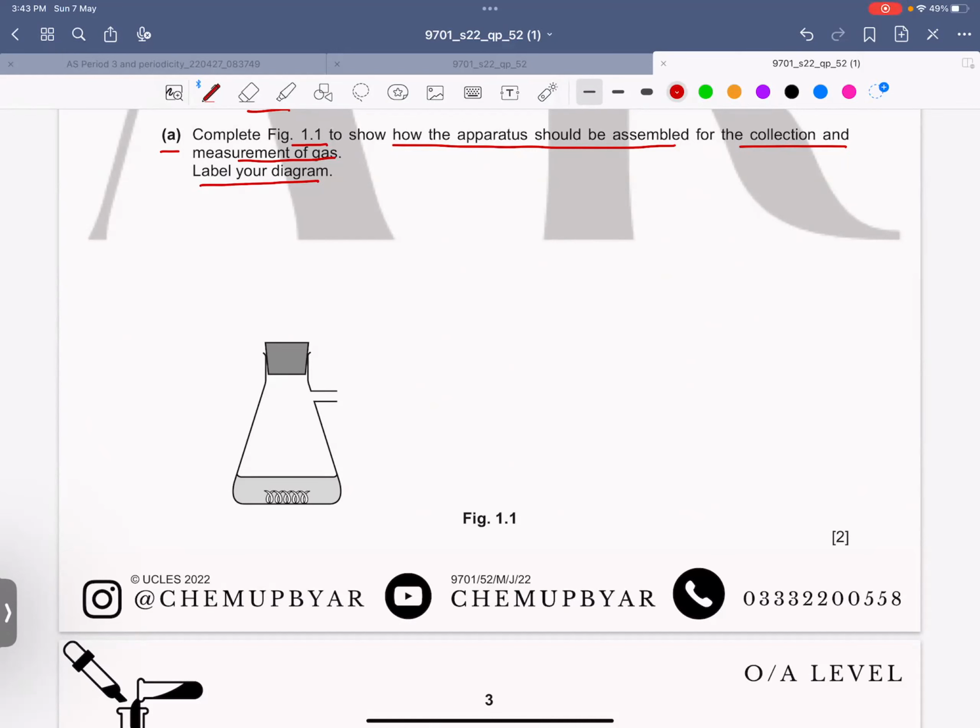Now, what we will do, we will make one delivery tube, like this. Here we would make a water trough. It is filled with water. And here on some stand, we will keep a measuring cylinder over here.